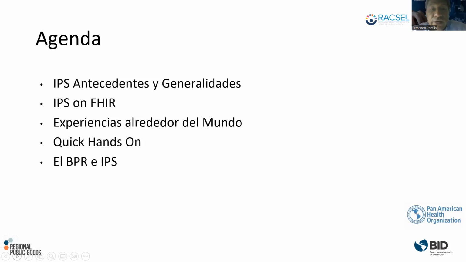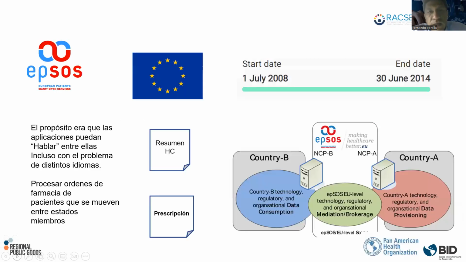And also then I'll share with you a couple of experiences and what it is that we are expecting, at least at a high level, within the regional public good. So these are the big topics that we will be addressing in this presentation today.